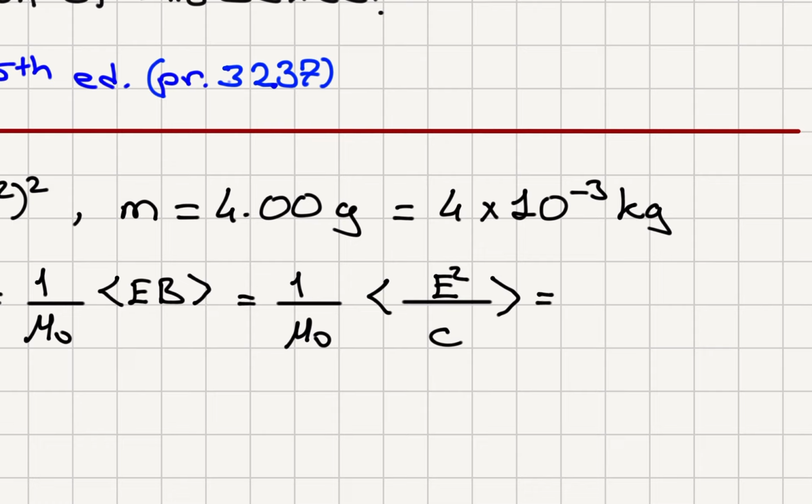If I multiply the top and bottom with c, I will obtain c squared at the bottom, and c squared is 1 over mu 0 epsilon 0. So with that, I will obtain epsilon 0 times c E max squared divided by 2.